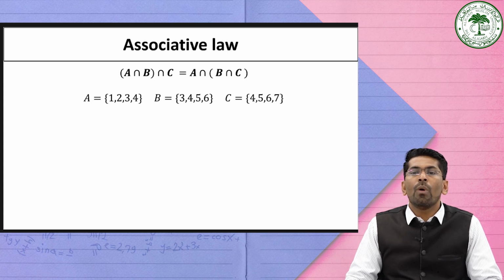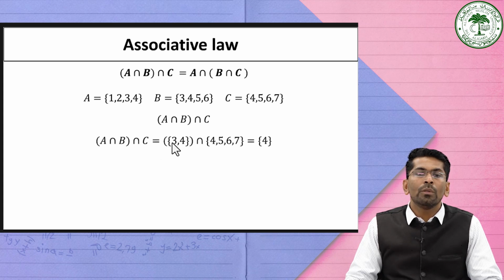First we want to find (A intersection B) intersection C. First we consider A intersection B, where the common elements are 3 and 4, so A intersection B is {3, 4}.